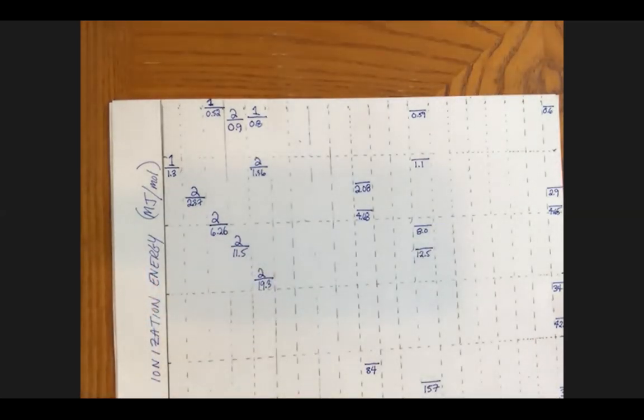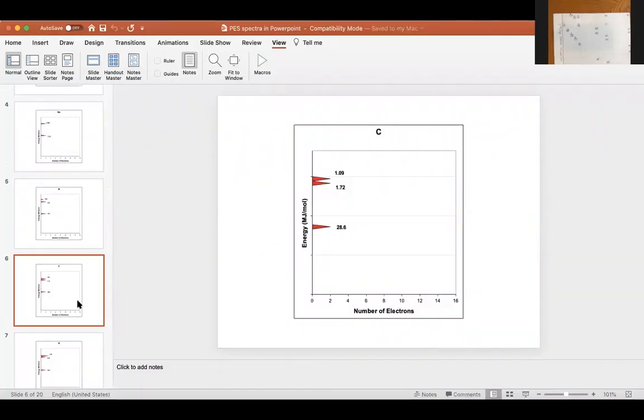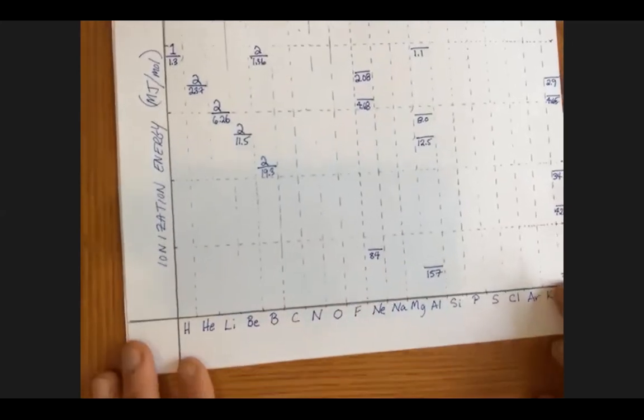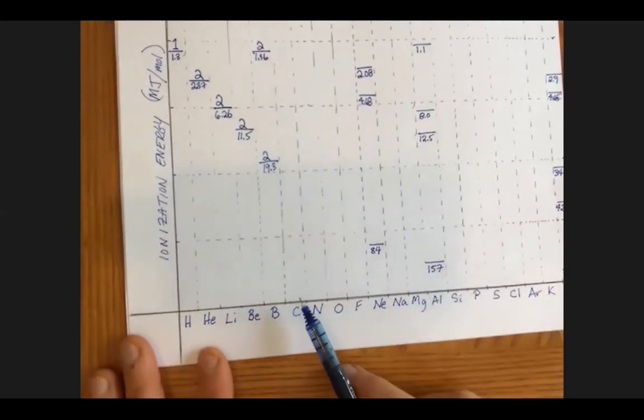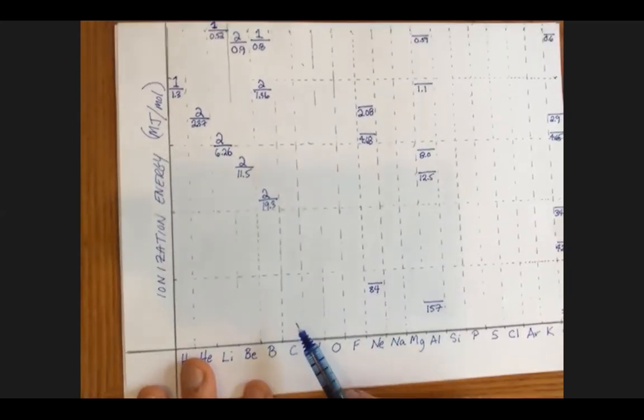All right. Let's move to the next element. Carbon it is. So I'll do this one. I've got 3 peaks: 1.09, 1.72, and 28.6. Finding carbon here, I've got to get to 1.09.